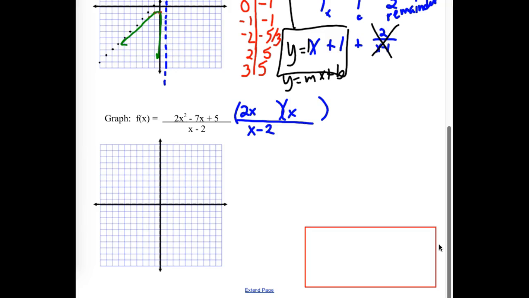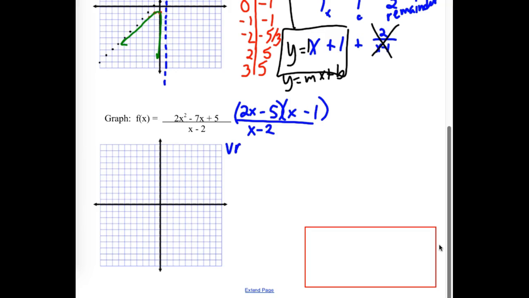Anybody? Okay, like that. Does that work? Any factor is going to cancel out? No, so we're not going to have any holes again on this one.